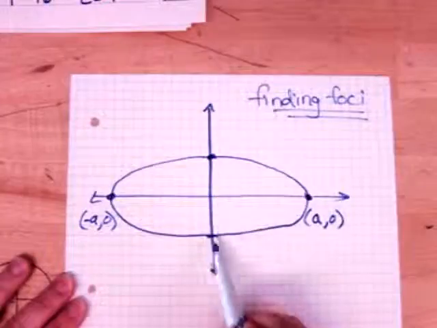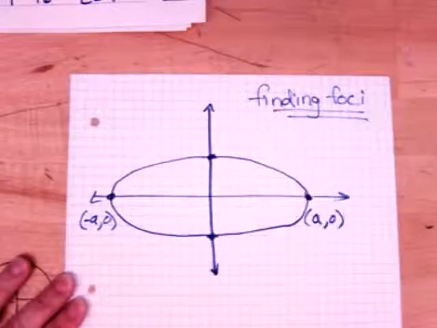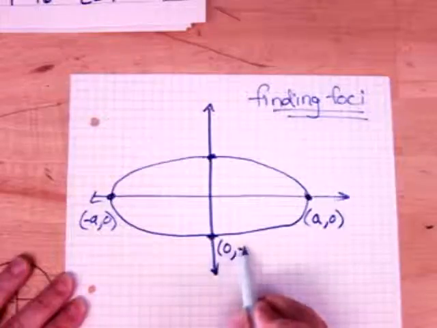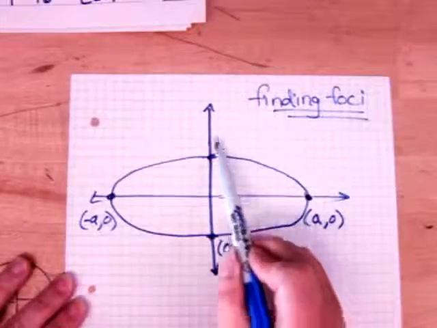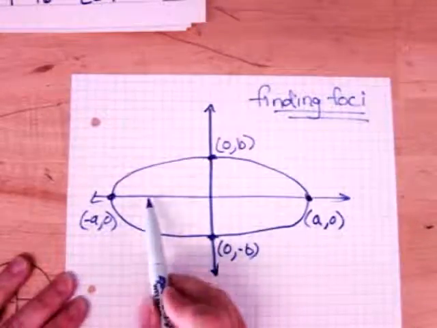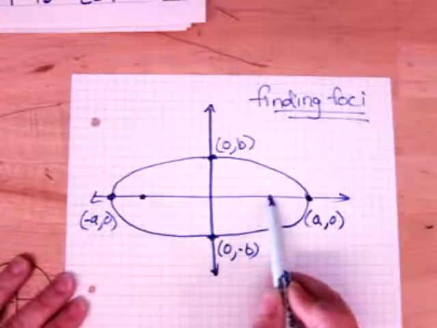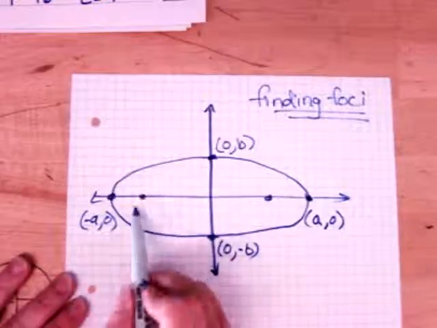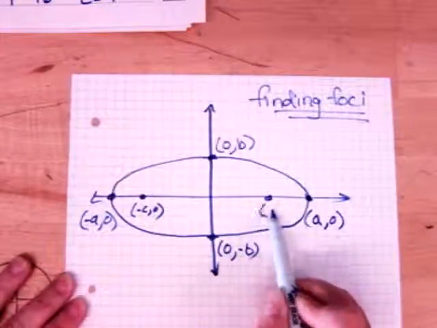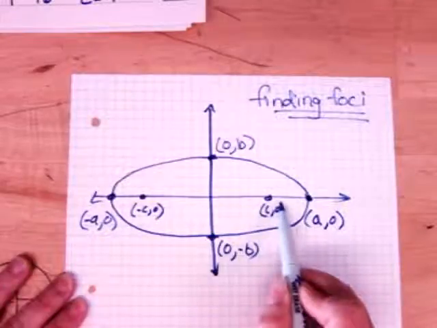Up here, this is the minor axis, so this is going to be (0, negative b), and this one's (0, positive b). The foci are somewhere in here. So this is (negative c, 0), this is (c, 0).